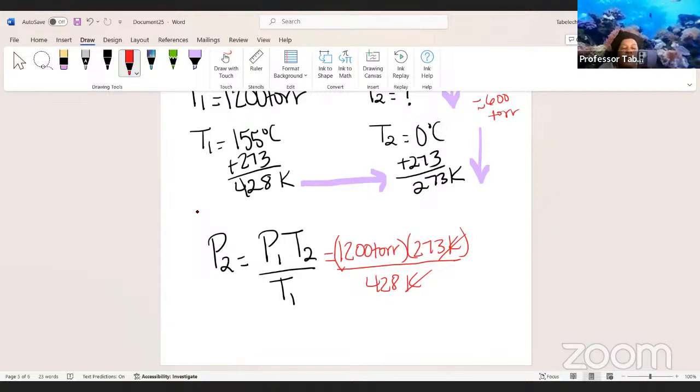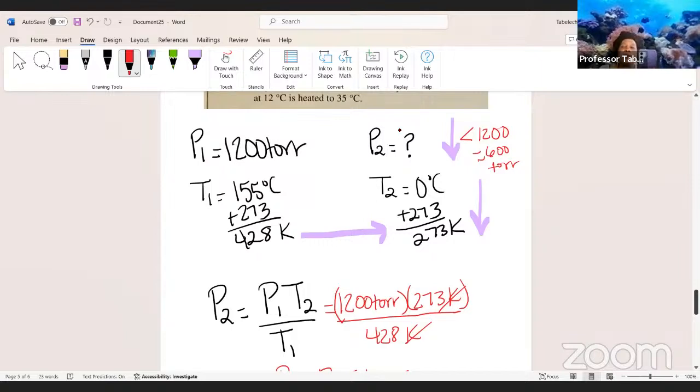We got 1200 times 273 divided by 428, and we get 765, okay? So my P2 is 765 torr. So I told you it was going to come close to 600 when we guesstimated it. That was just a rough guesstimation, not an actual factual, but a rough guesstimation.